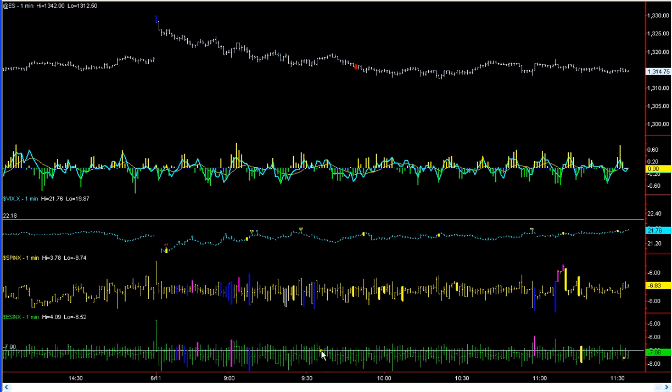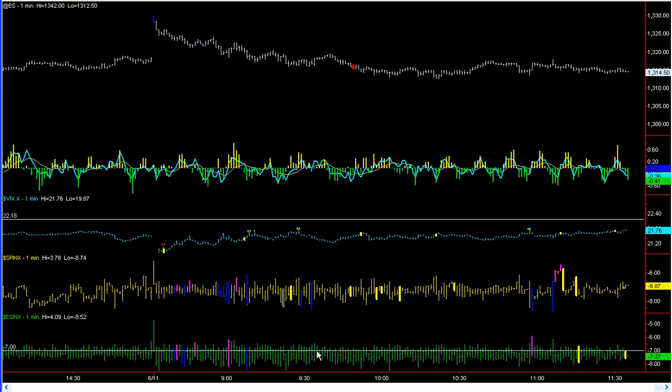But let me show you something that is useful. We've got the fair value horizontal line here at -7 for today, which happens to be the 11th of June. And as you can read on our website, when the premium drops, the bulk of the bars are below fair value.